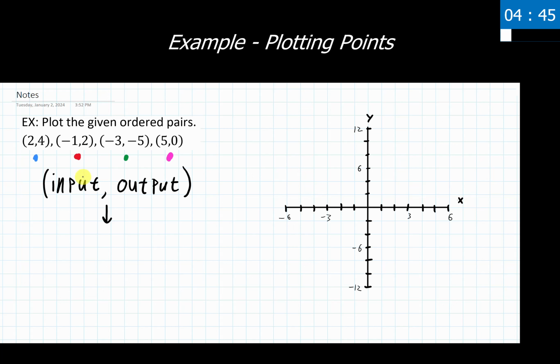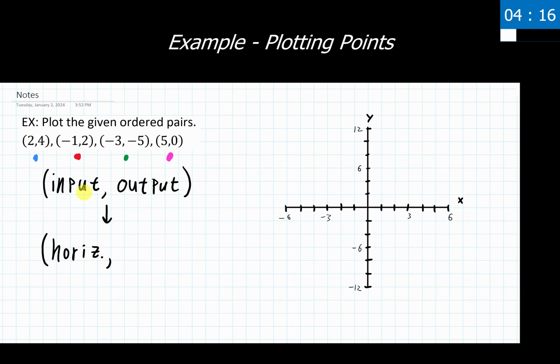Now, the main thing that we want to know, though, is that when it comes to graphing these things, the input value is always going to correspond with the horizontal axes. I'm just going to do horiz for short, horizontal. So it's always going to correspond with our horizontal axis here and tell us if we're going to be moving left or right in the positive or negative direction based on what our labeling is looking like and what this number is.